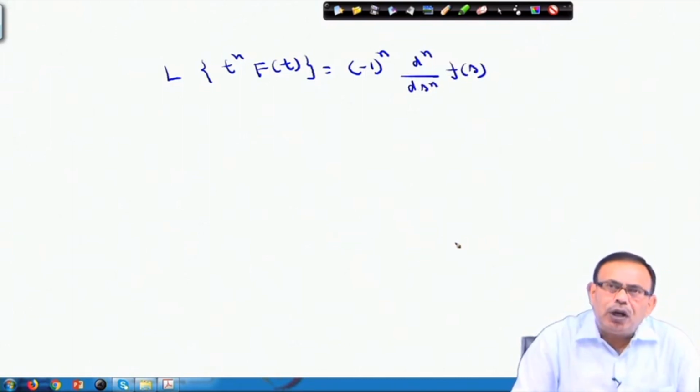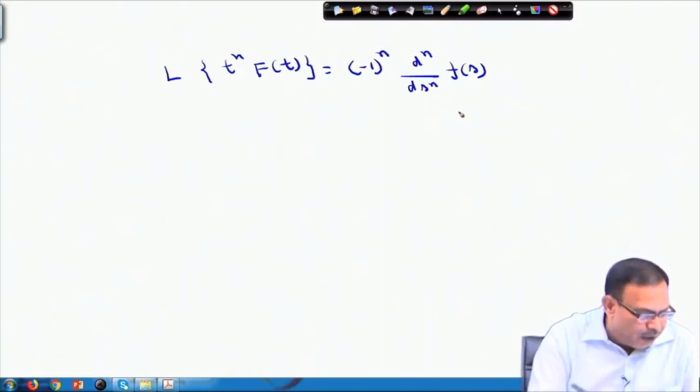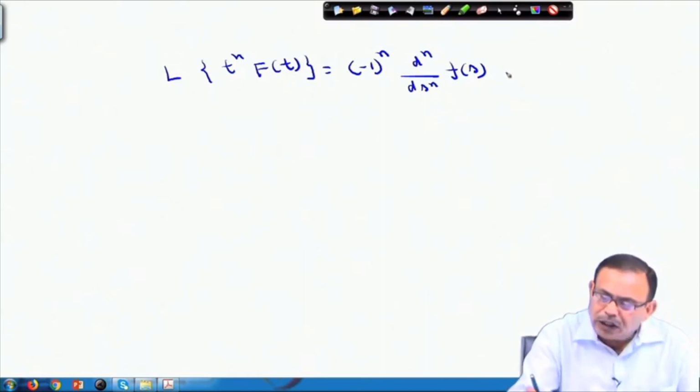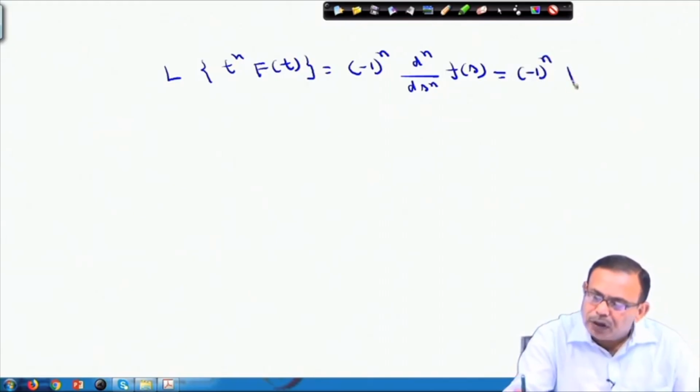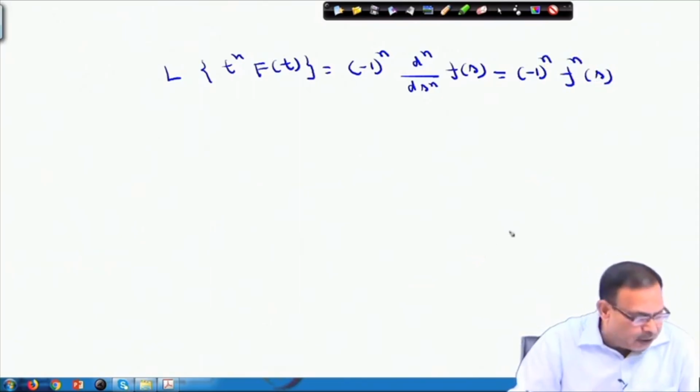Using the theorem of the derivative of Laplace transform, I can tell that the Laplace transform of t to the power n into f(t) equals minus 1 to the power n into d^n/ds^n of F(s). So I can write this as minus 1 to the power n F^(n)(s), where d^n/ds^n means the nth derivative with respect to s.